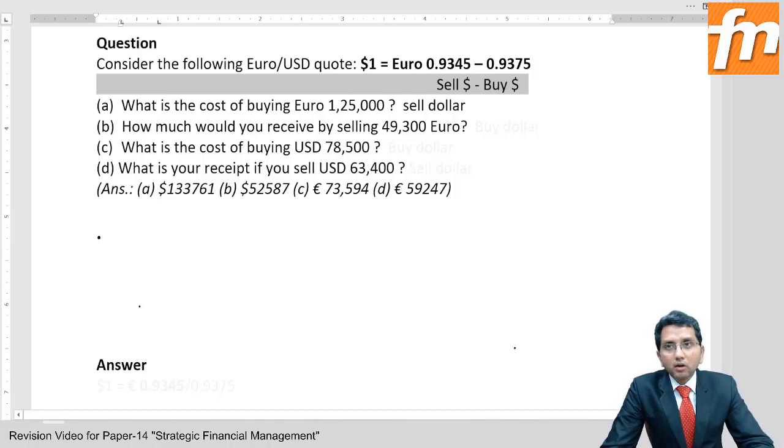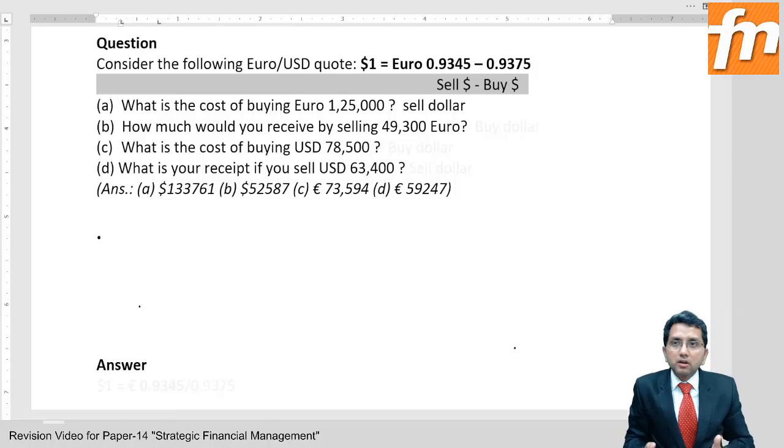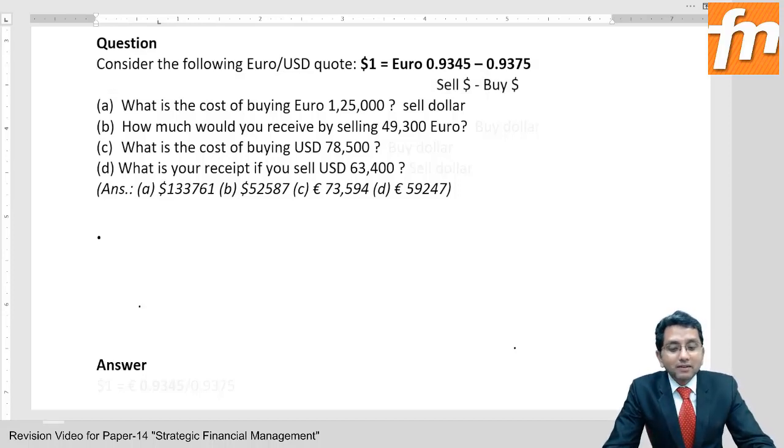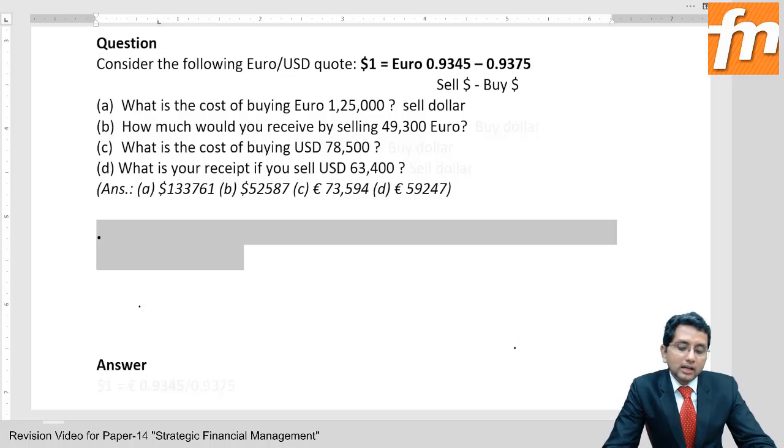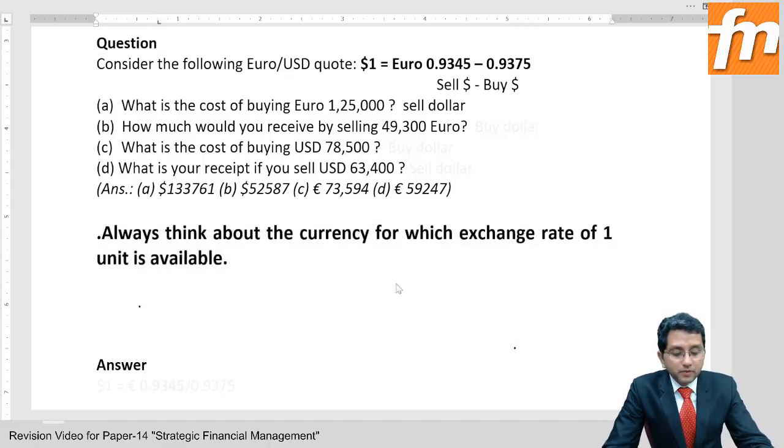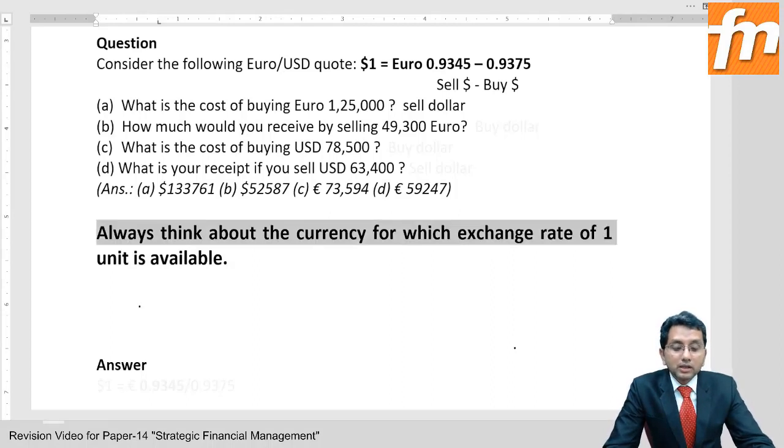So sell what or buy what? Yen or euro or dollar or Indian rupees or pound or what? Australian dollar or Canadian dollar? What can I buy? What can I sell? See, the exchange rate is given for $1. It means we are talking about buying and selling dollar. I'll give you one simple, very important tip over here. Always think about the currency for which exchange rate of 1 unit is available.